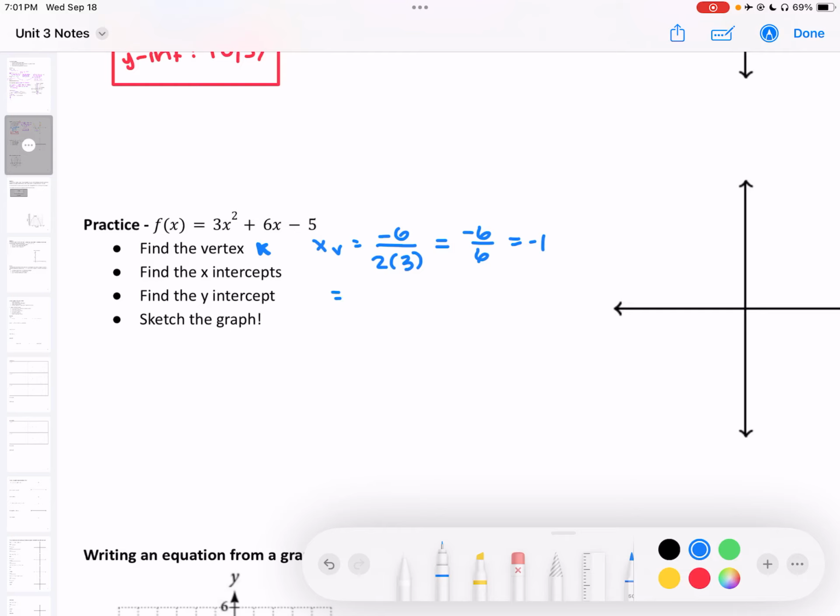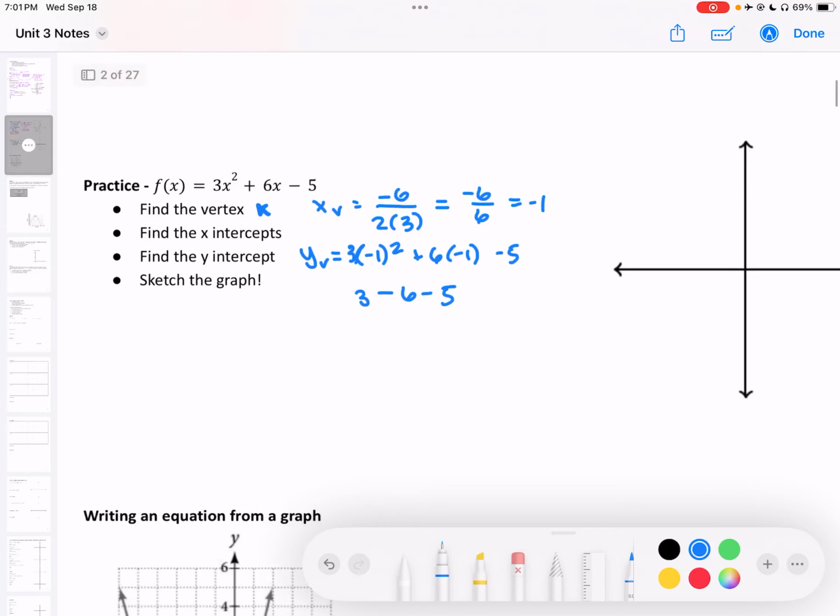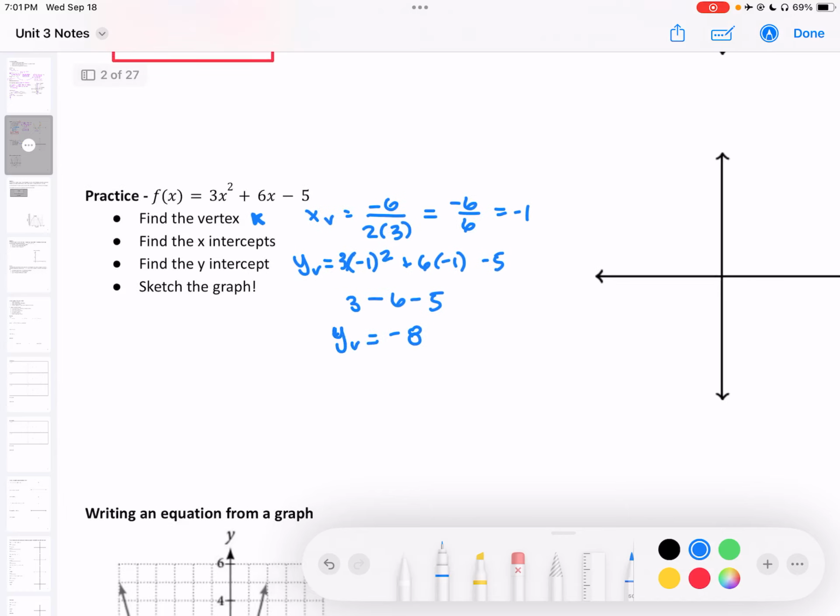So let's plug that in for yv. 3 times -1 squared plus 6 times -1 minus 5. So that's going to be 3 minus 6 minus 5, which will be -8. So our vertex is -1, -8.